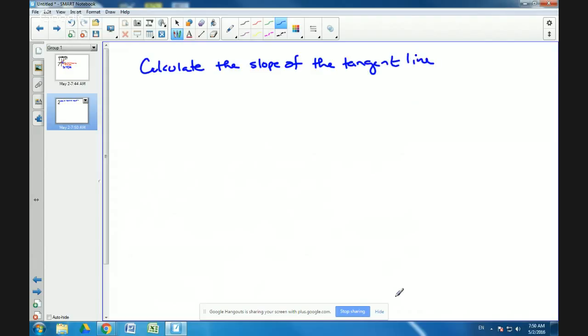These problems do get a little bit wordy just because they're so specific when you have to ask. So calculate the slope of the tangent line to the graph of f of x equals x squared at x equals, take your pick.